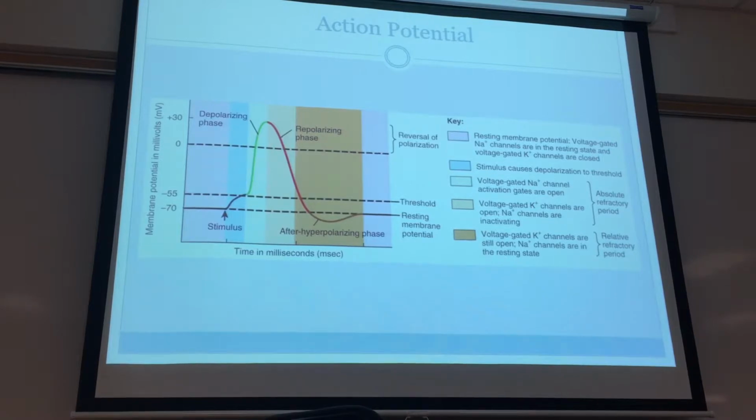Sodium rushing in, then you're going to see that at some point, right during this phase, when we were negative on the inside initially, for a brief moment in time, the polarity switches and it becomes positive.